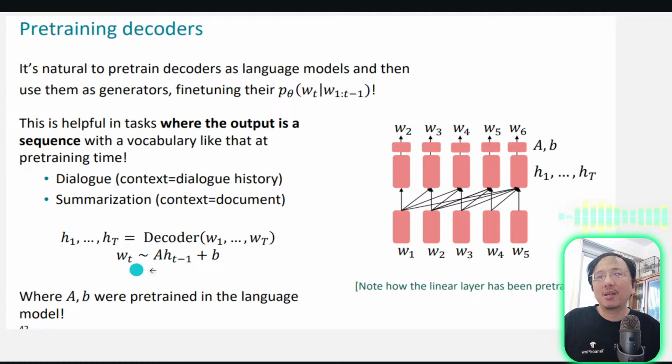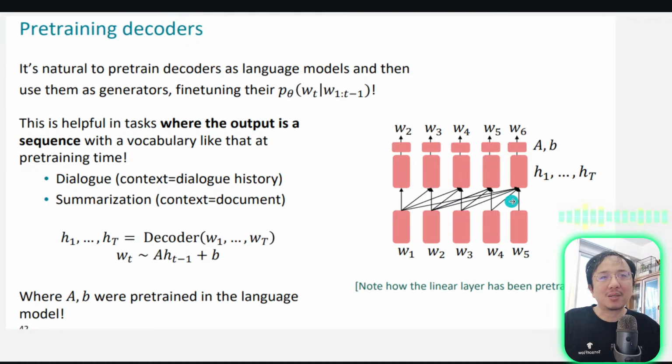So this one is pretty straightforward. We simply do the autoregression. Each time we give the first few words and we want to predict the next one. Because we have a mask, we can do this in one run: using W1 to predict W2, W1, W2 to predict W3, and W1, W2, W3 to predict W4.